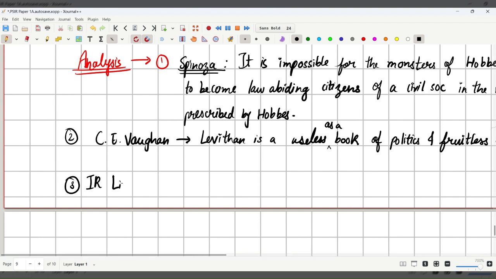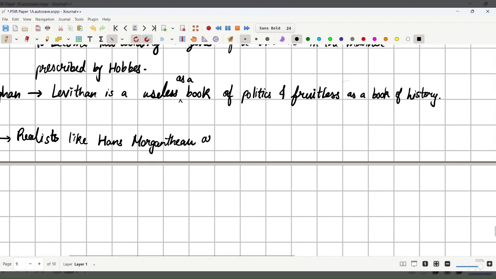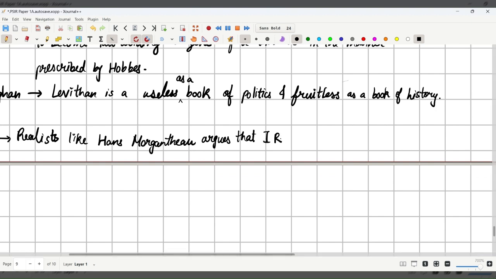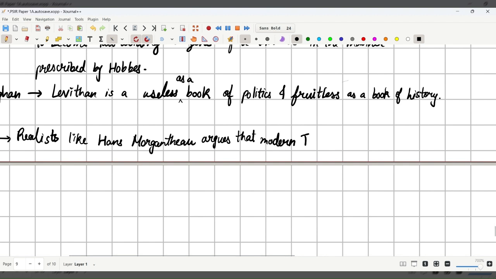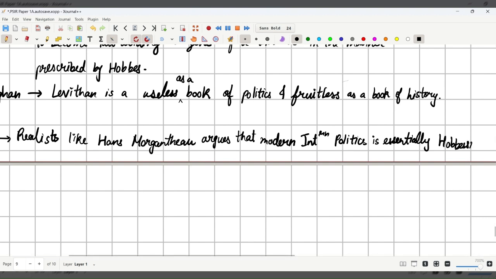The IR link you can use in GS, sorry, PSR paper 2, is that realist scholars like Hans Morgenthau argue that modern international politics is essentially a Hobbesian state of nature.